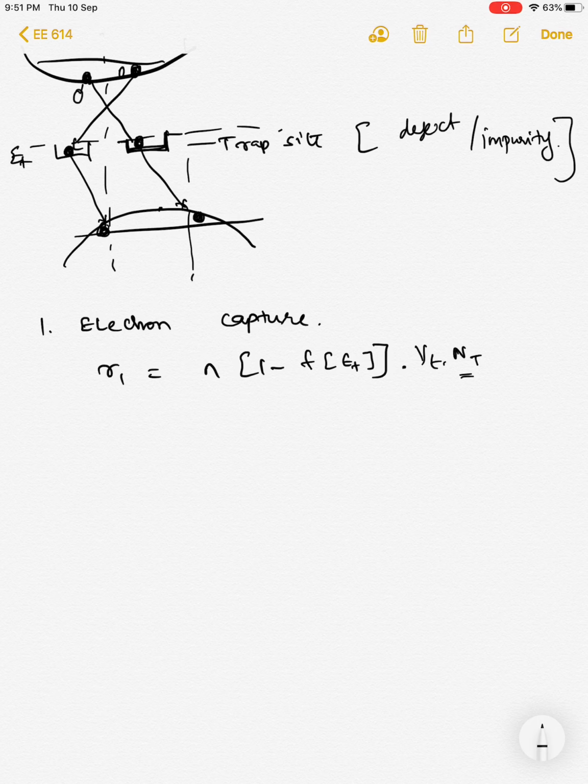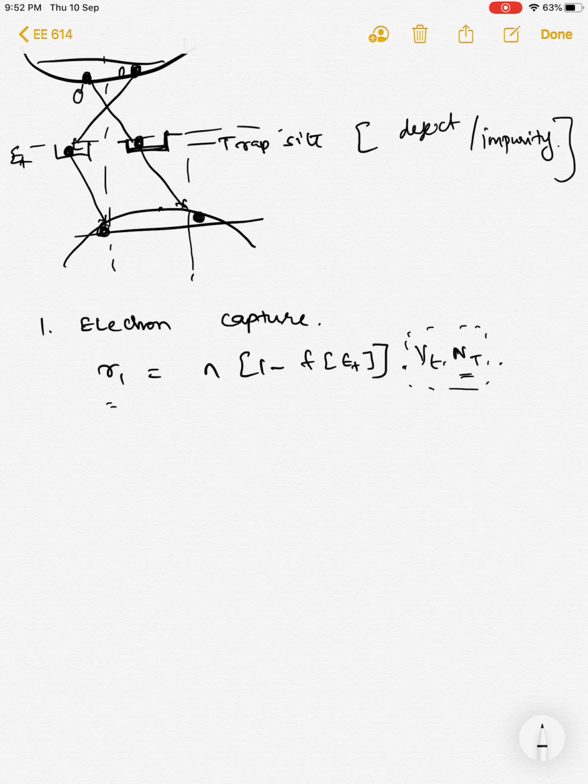This product Vt into Nt is actually the density of traps which is accessible to the electron in unit time, which gives us the rate of electron capture, right? So Vt into time is actually the length, and that in 3 dimensions will give you the volume, correct?